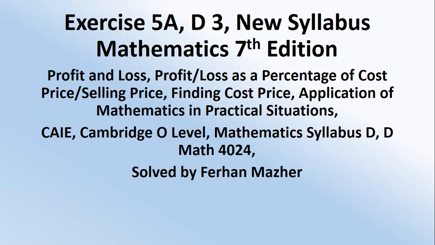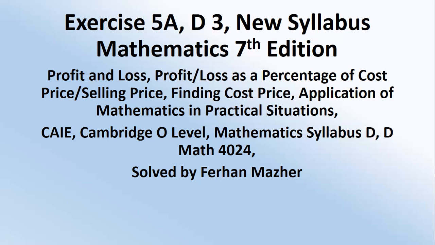The chapter 5 is first exercise, and this is my first video on this exercise. This exercise is about the profit loss as a percentage of cost price or selling price, finding the cost price. So in this exercise, we will learn the basic ideas and we will work on them.